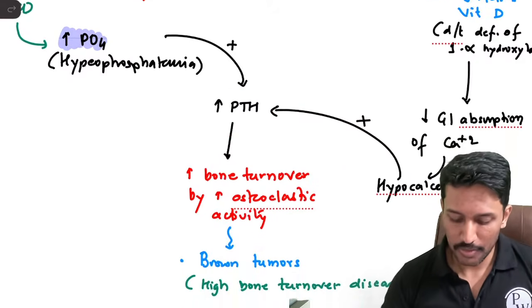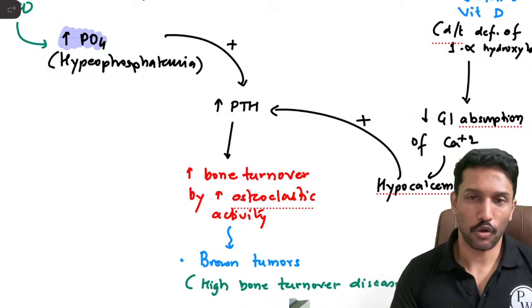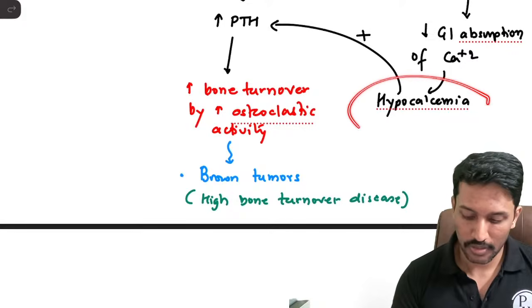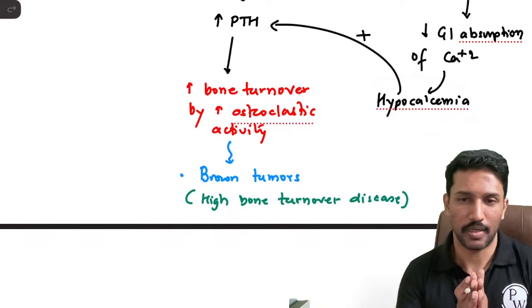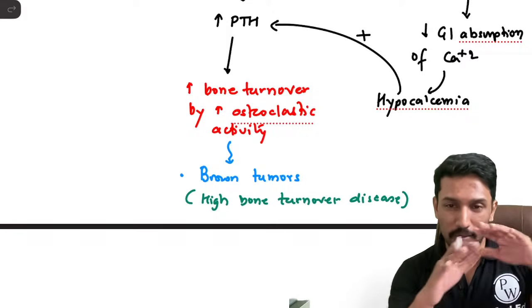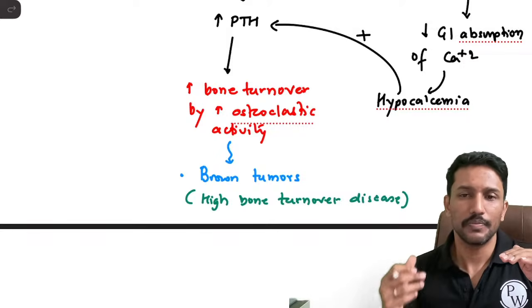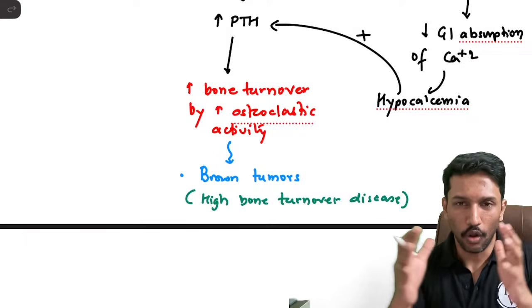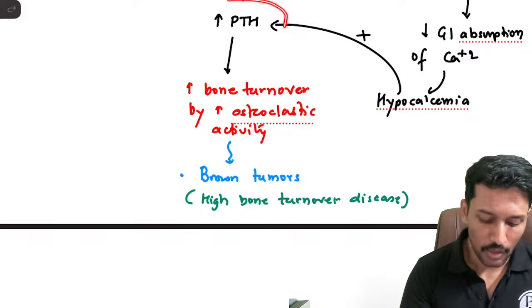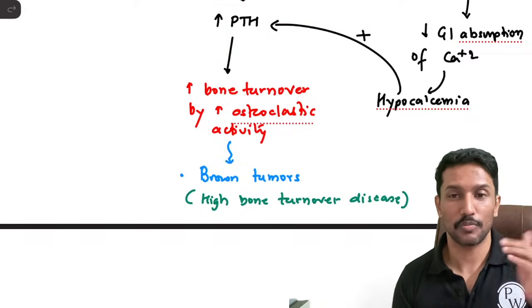Second, these patients have deficiency of the active form of vitamin D, so I will give them the active form of vitamin D. And they have low calcium in the blood, so I will give them calcium supplementation. That's how we treat. We restrict the phosphate, we try to keep the phosphate levels low, and we supplement with vitamin D and calcium. All of these put together can counter the hyperparathyroidism and thus counter the increased bone turnover.